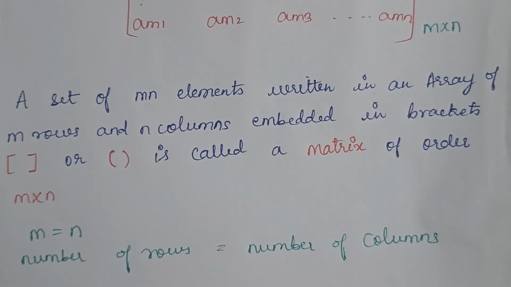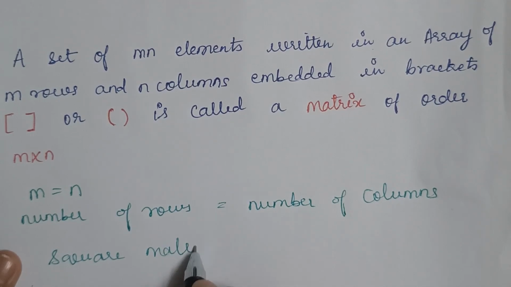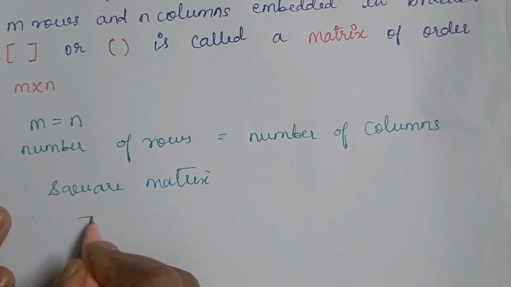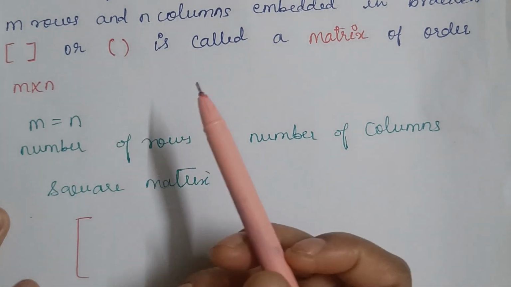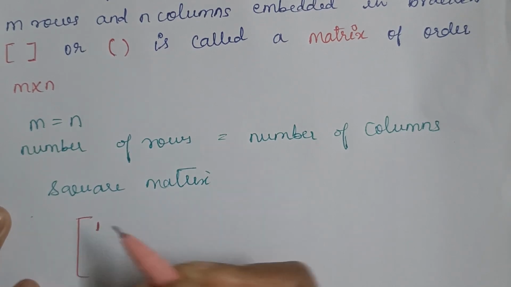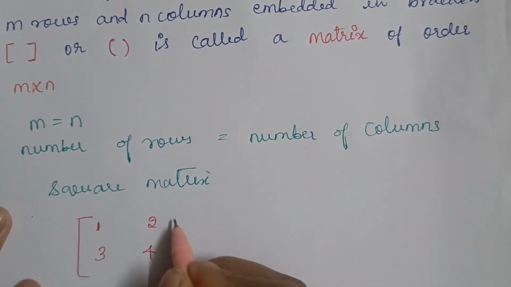A square matrix. For example, I would like to show you, like I have a matrix. Let me not use the representation like a and b. Let me take the numeric values 1, 2, and 3, 4.